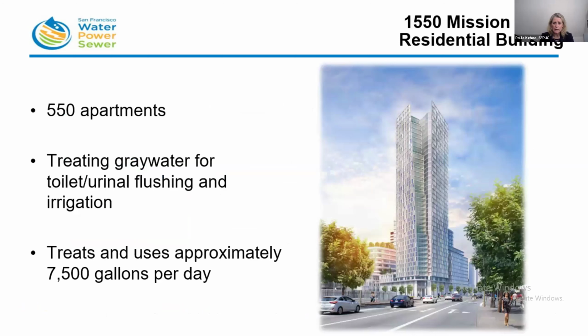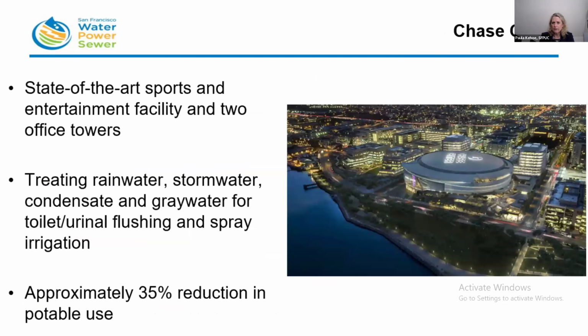Just to give you a couple of quick examples, this is an apartment building, 550 units, treating gray water for toilet flushing and irrigation, approximately 7,500 gallons per day. Here is a state-of-the-art sports entertainment facility, treating rainwater, stormwater, condensate, and gray water for toilet flushing and urinal flushing, as well as spray irrigation.